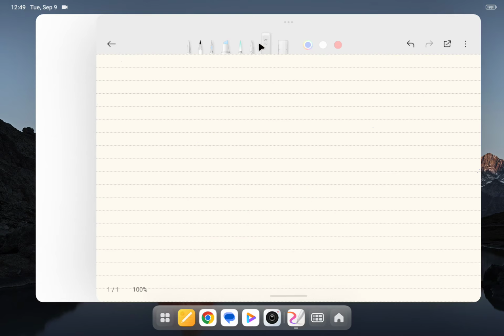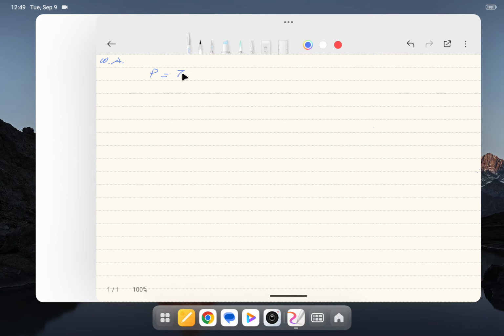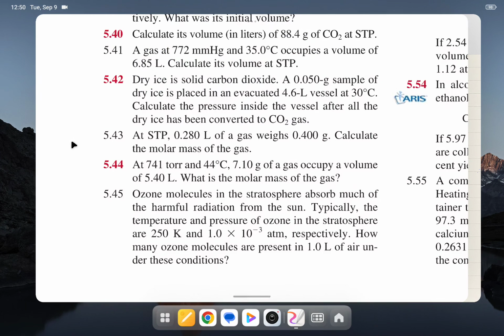So you have a pressure of 741 Torricelli. It's called Torricelli, and actually it's also equal to millimeters of mercury.